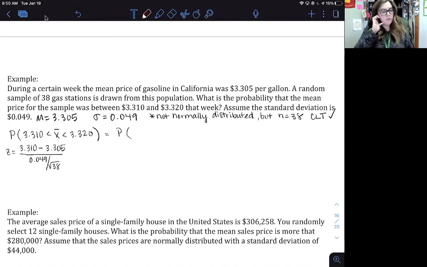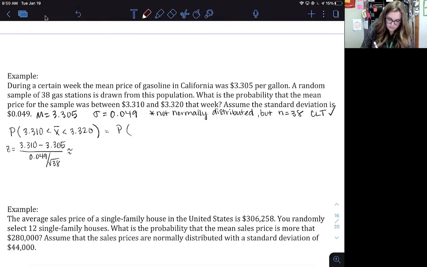One thing to be careful about when you're plugging this into your calculator, make sure you're using parentheses around your numerator and your denominator, just so that your order of operations still holds true. So this z-score is approximately 0.63, because remember we round to 2 decimal places.